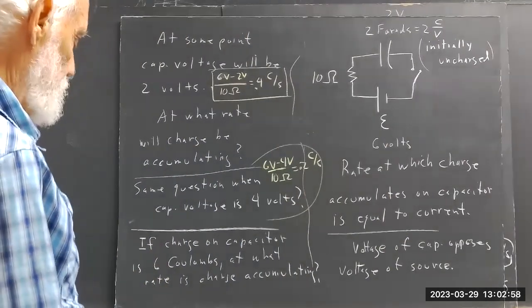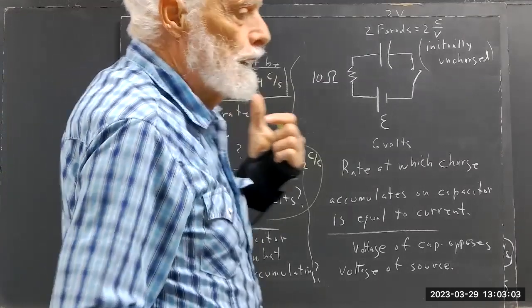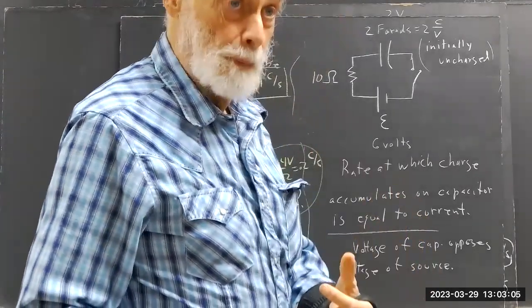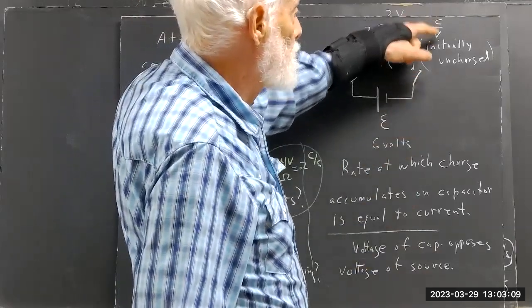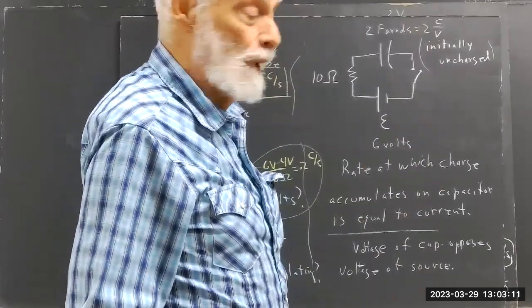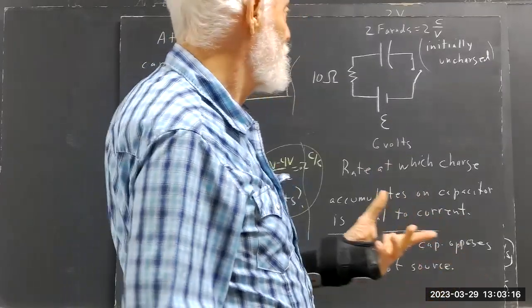Down here, if you've got 6 coulombs on the capacitor, and it's 2 coulombs per volt, how many volts do you have?